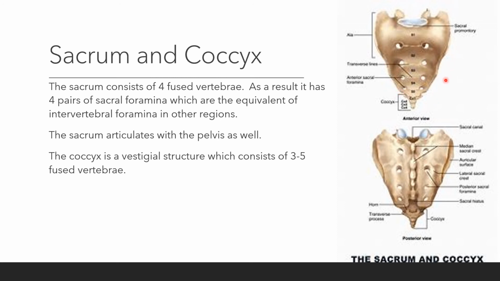And the sacrum articulates with the pelvis as well, right here, at the sacroiliac joint. The coccyx is a vestigial structure, which consists of 3 to 5 fused vertebrae. And when I say vestigial, it basically means it's useless. Back in the day when human beings were still evolving, it might have had a use, but now it doesn't.